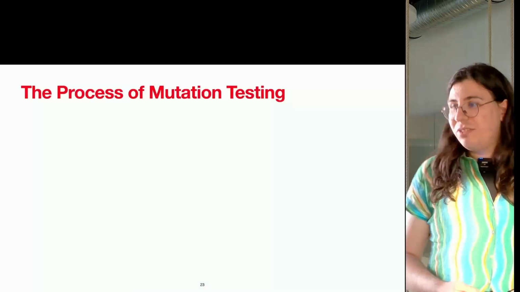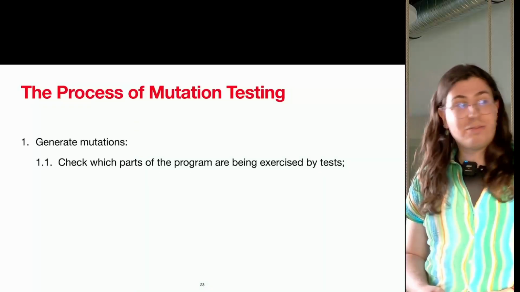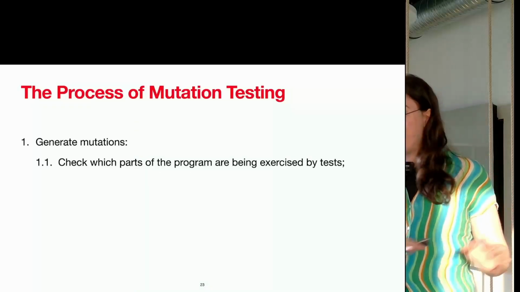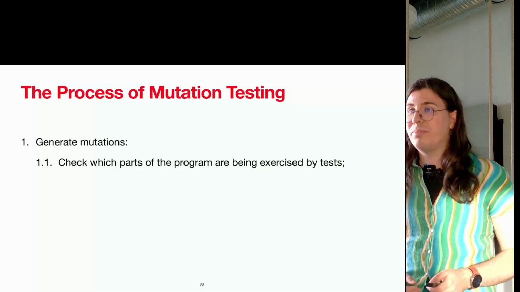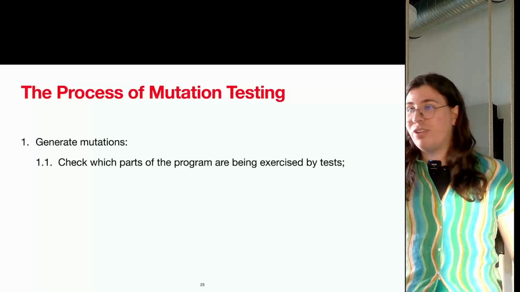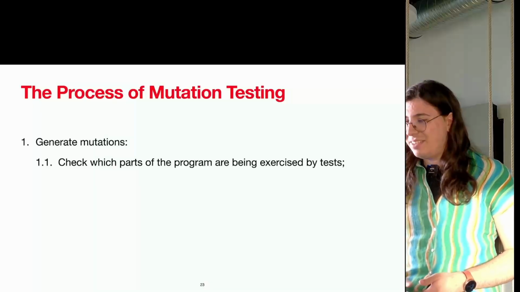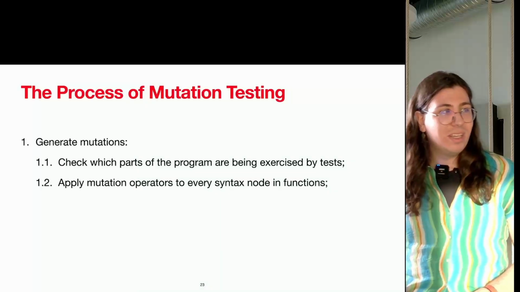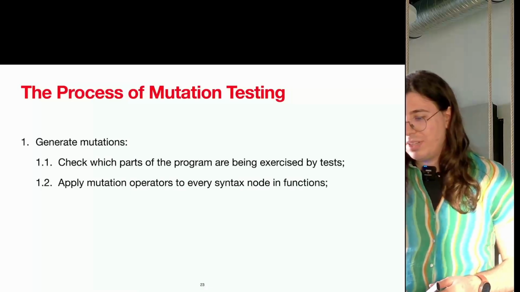So instead, let's do something a little bit smarter. To generate the mutations, instead of generating anything at the beginning, we first check which parts of the program are actually being exercised by the tests. As it turns out, commonly you're not exercising the full extent of your program, so seeing that can be quite helpful.